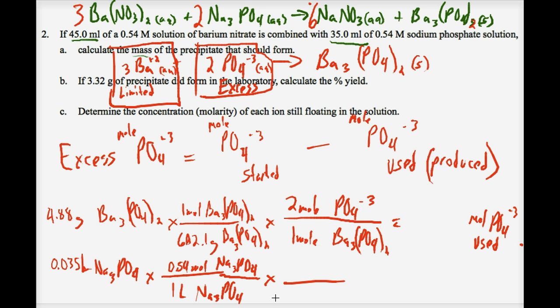And for every 1 mole of sodium phosphate, there's 1 mole of phosphate ion. And just to be clear, this is going to be the moles of phosphate from the get-go, from the initial starting point.